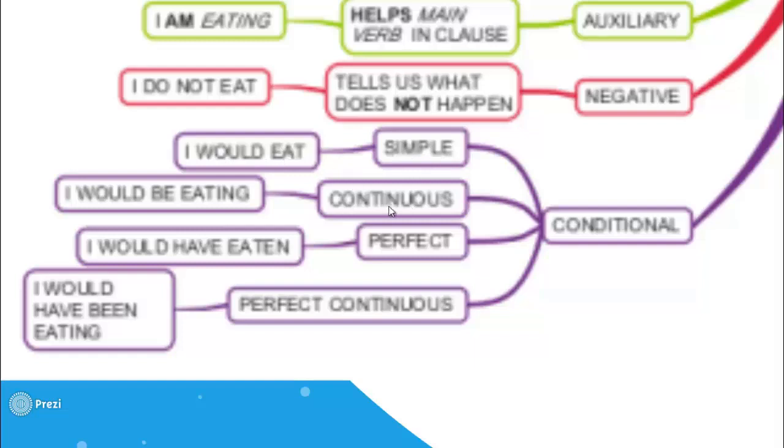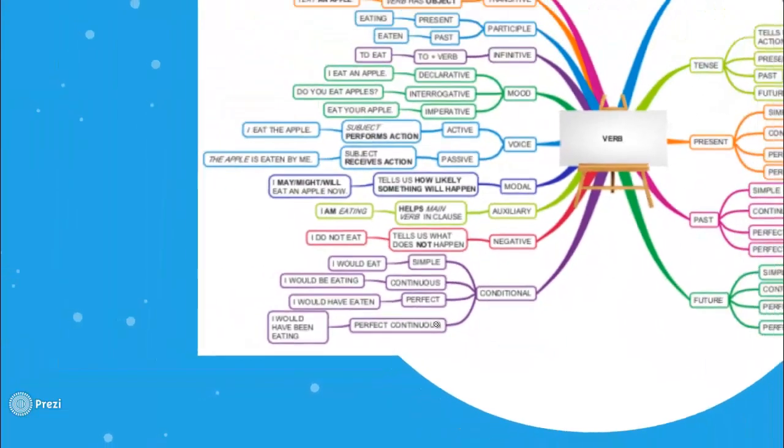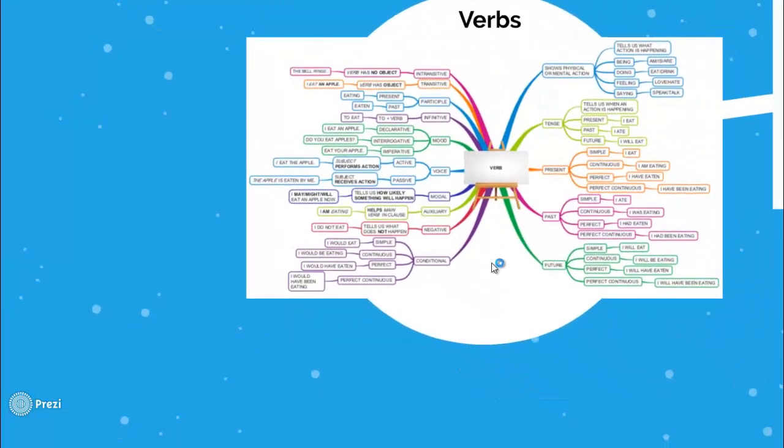Then continuous, like I would be eating, and the perfect, like I would have eaten. Then as teachers, you know that there are the conjugations and the tenses, depending on the kind of conditional we talk about. Like in the perfect continuous, like I would have been eating if you hadn't stopped talking, for example. And this is all for verbs.